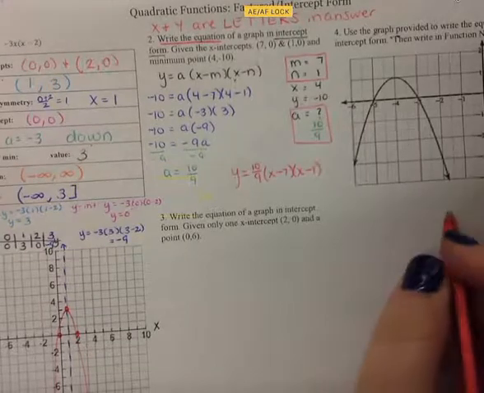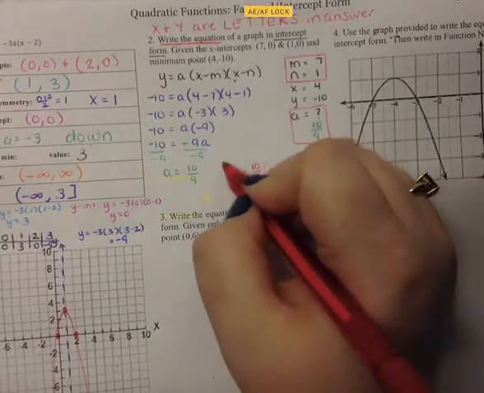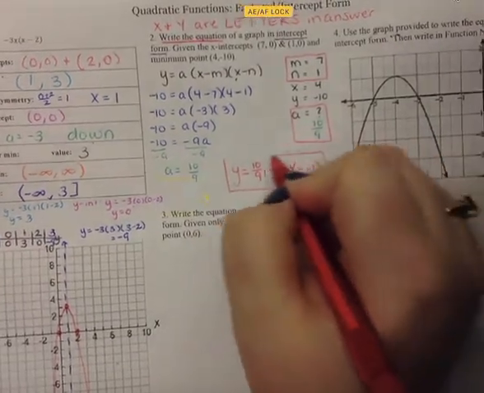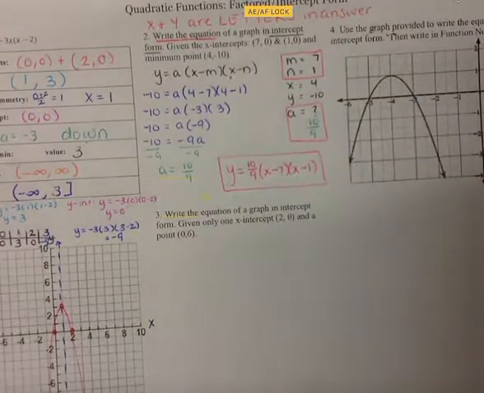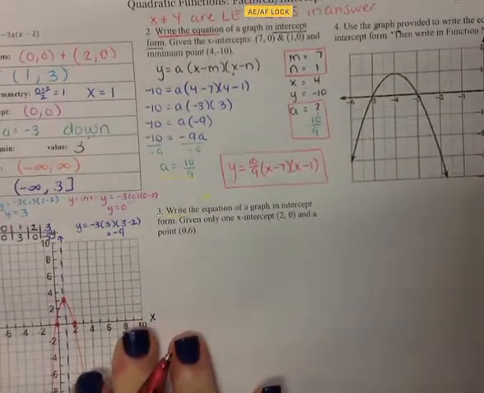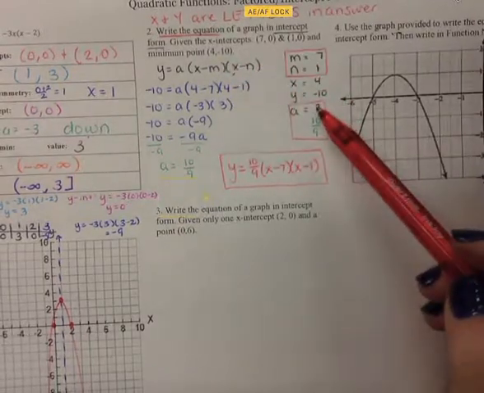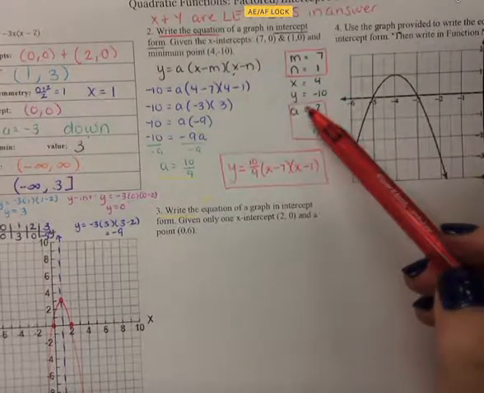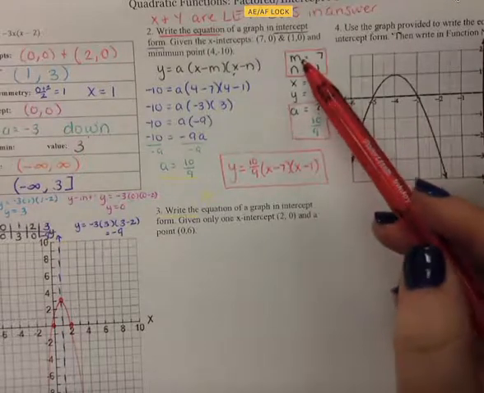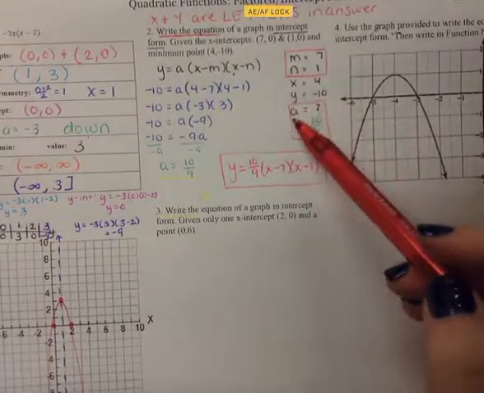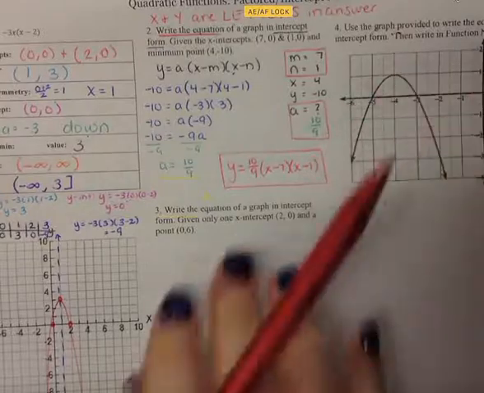And this is our equation. So again, we had to use the information we had to be able to figure out what a was. Once we found a, we just used the numbers for m, n, and a to write out an equation.